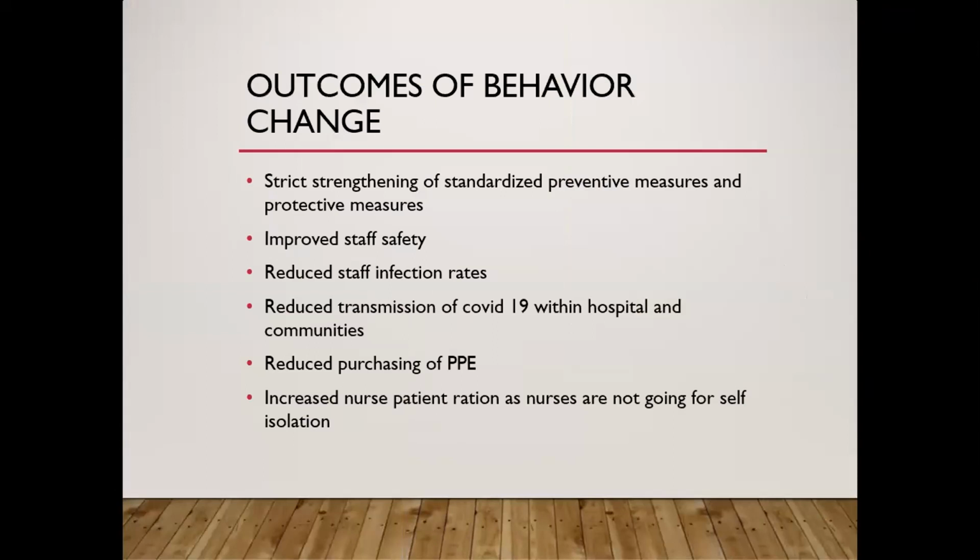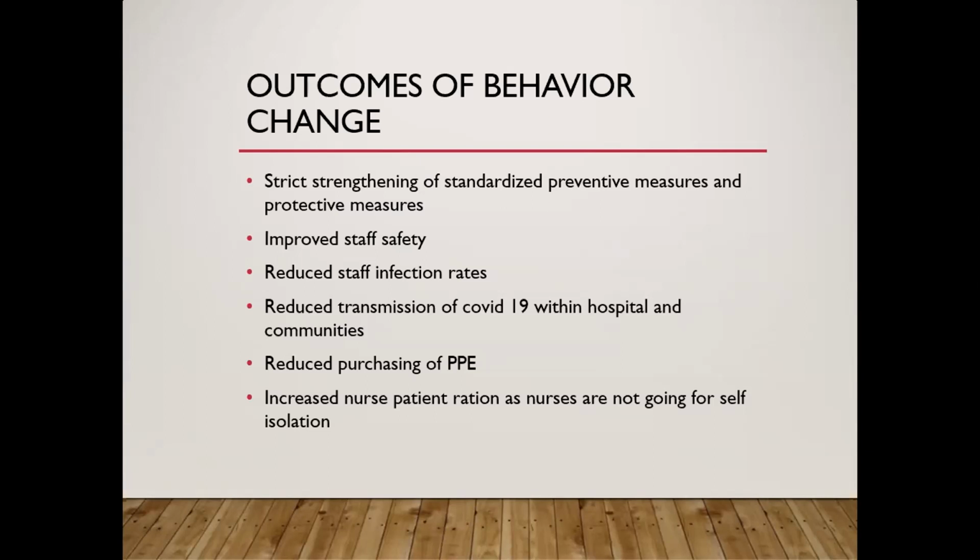So the general outcomes on the behavior change: there was a strengthening of standardized preventive and protective measures. There was improved staff safety and reduced staff infections since we started implementing. We had been implementing before, but we had to strengthen now when we were hit by COVID.